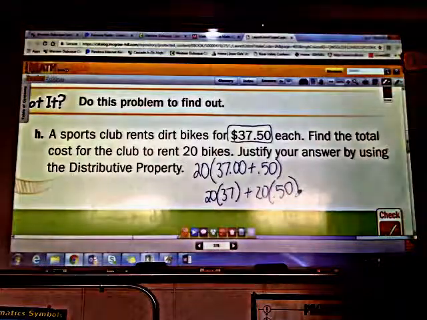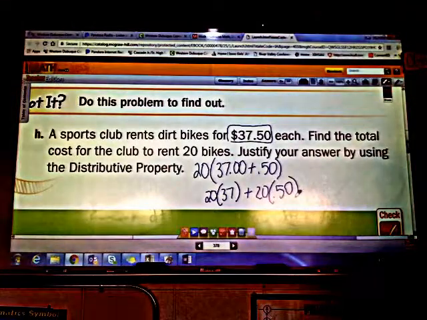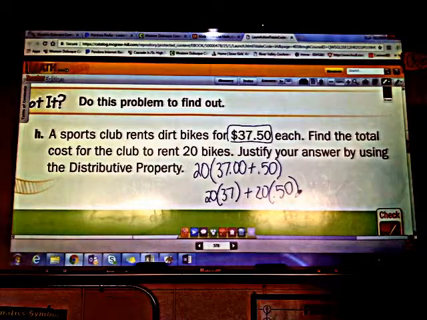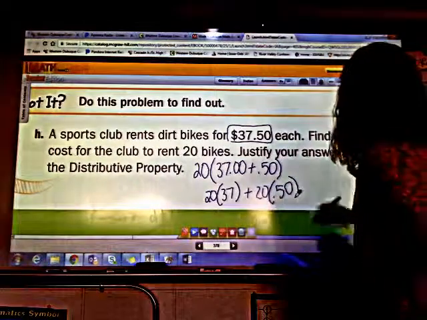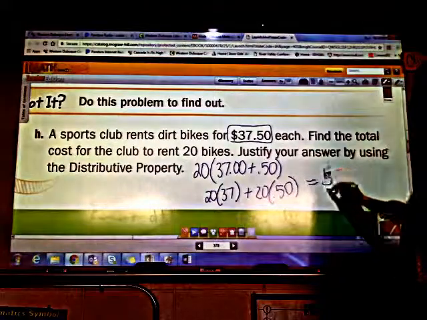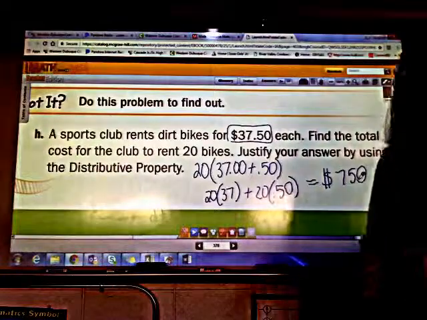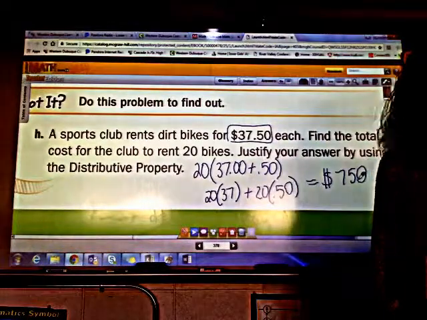When you multiply those out, we should end up with a total of $750.